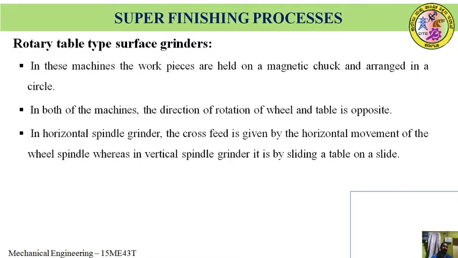Here the grinding wheel just rotates. The table is given either the reciprocating motion or the rotary motion. In case of the rotary type, the grinding wheel rotates in a horizontal or vertical direction, whereas the rotary table will rotate and it will come up and down in order to give the feed.